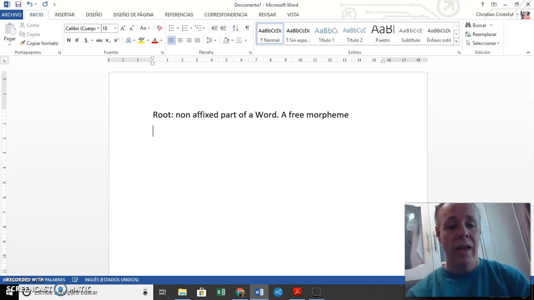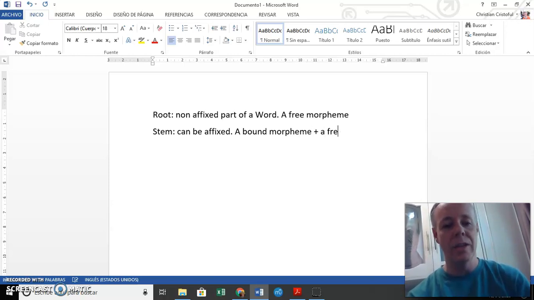Yes? Stem can be affixed. Okay? So it can be a bound morpheme plus a free morpheme. Okay, that's the difference between root and stem, and let me show you an example.